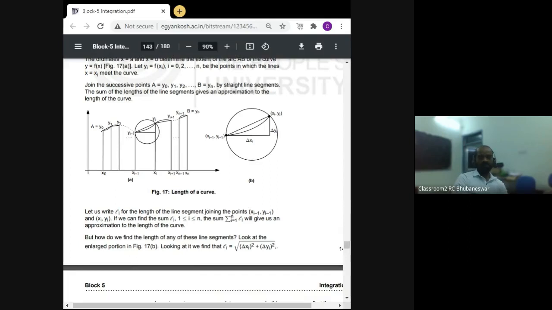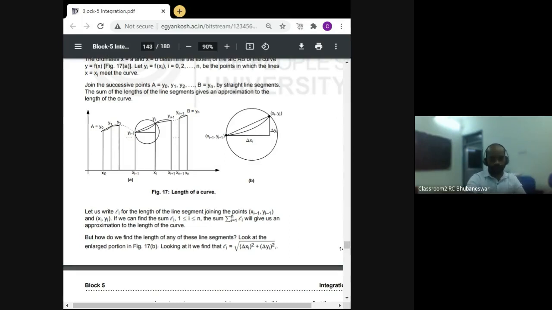Every subinterval has a definite length, represented by delta xi. So delta xi is the horizontal component and delta yi is the vertical component of this small section of that right angle triangle. The length of this piece of arc represents the original section of the function f.